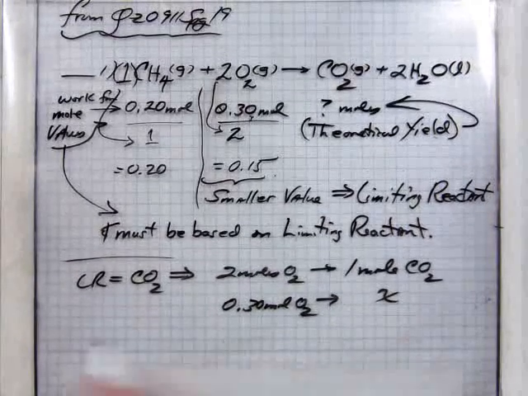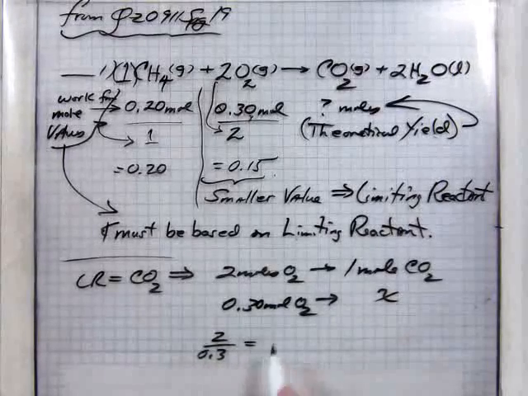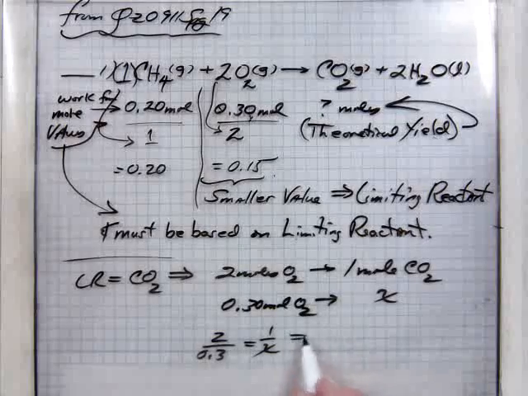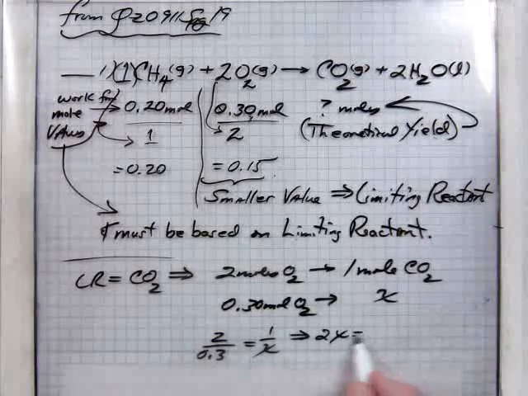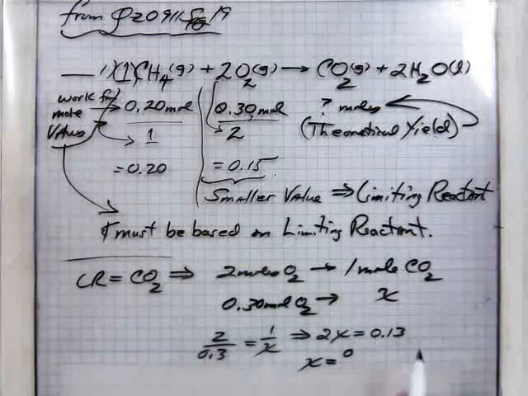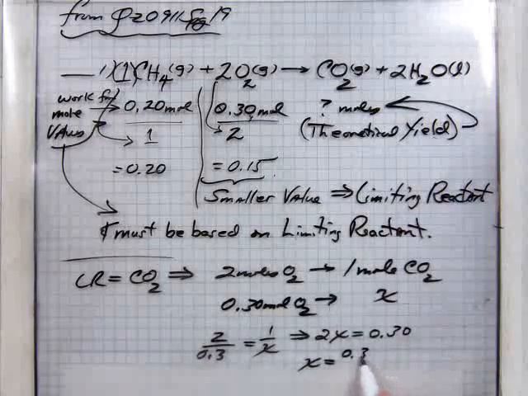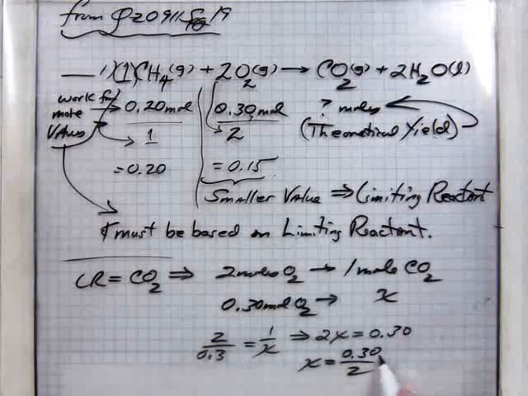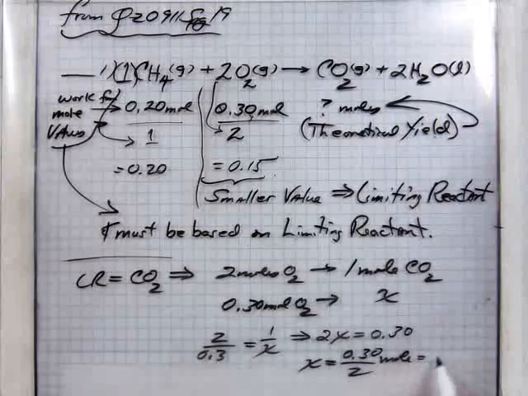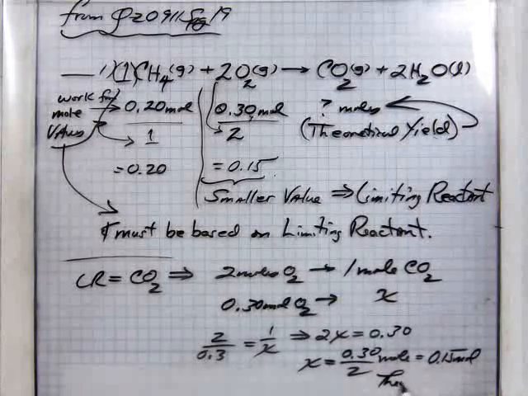We see it is simply 2 over 0.3 is equal to 1 over X, and that's 2X equals 0.30, and X equals 0.30 over 2 mole, or 0.15 mole theoretical yield.